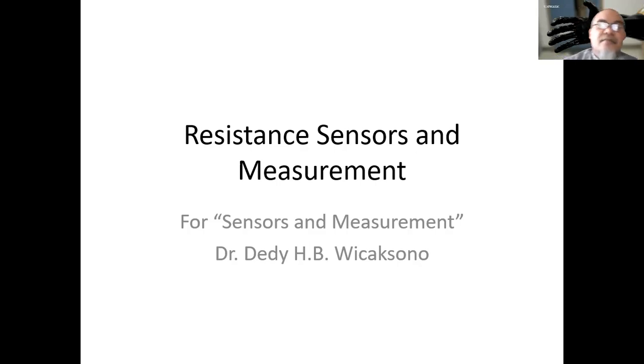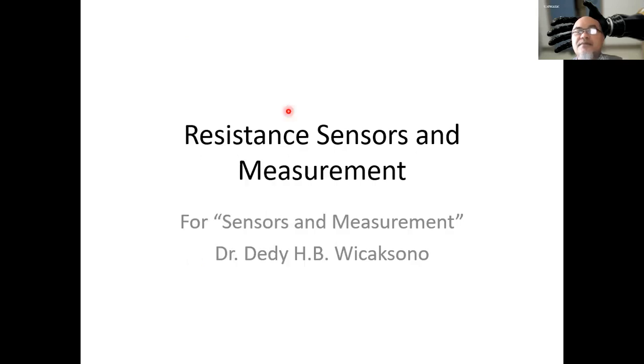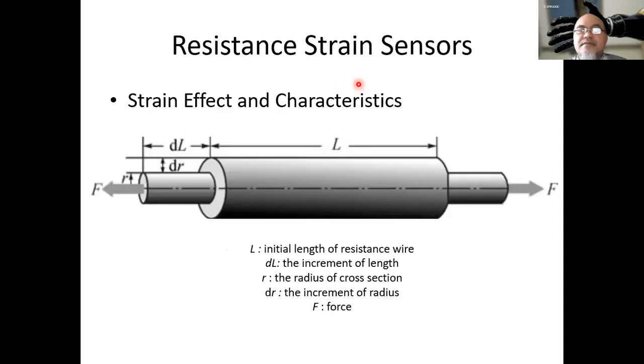Okay, so let's now discuss the principle of this resistance-based sensor, and then look at the different types of resistance-based sensors and measurement, as well as the application of this resistance-based sensor for biomedical measurement.